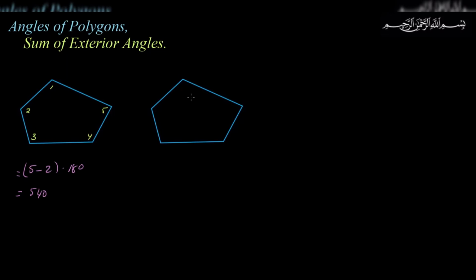So if I were to start over here, extend this particular side like this, I would be able to generate the exterior angle. Then you can extend this side, and you would also generate this particular exterior angle. And in a similar way, you can generate all the exterior angles that go along with every particular interior angle.